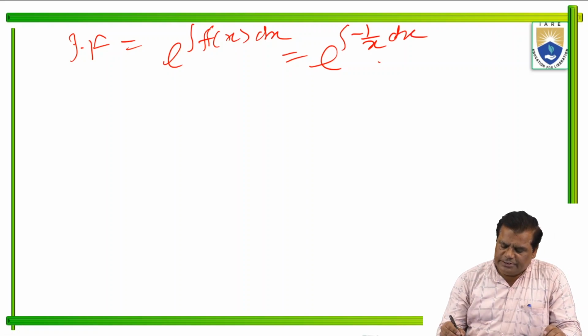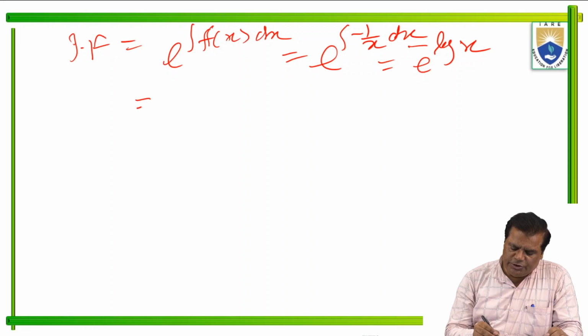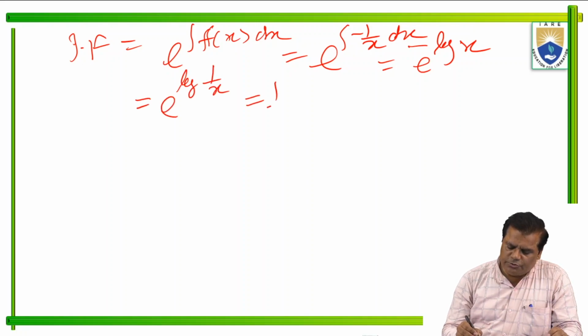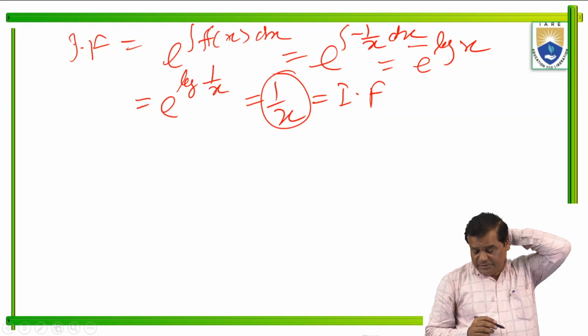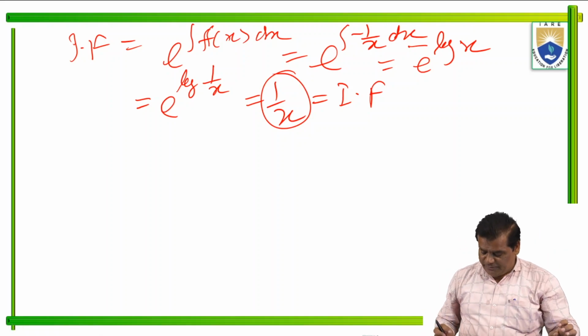So this is integrating log x, e to the power log x with the minus sign. So this is 1 upon x, e to the power log 1 upon x. So this is equal to only 1 upon x. This is the IF.